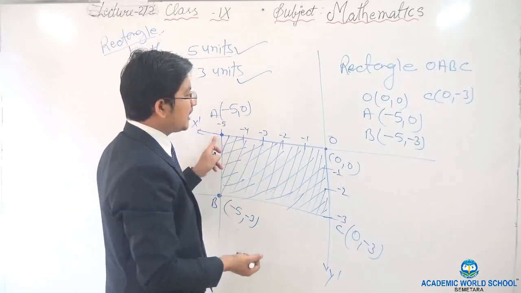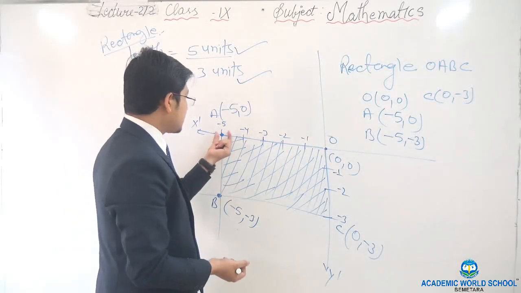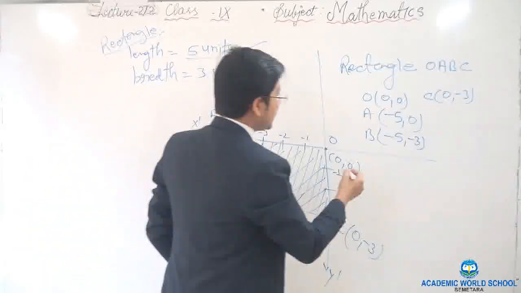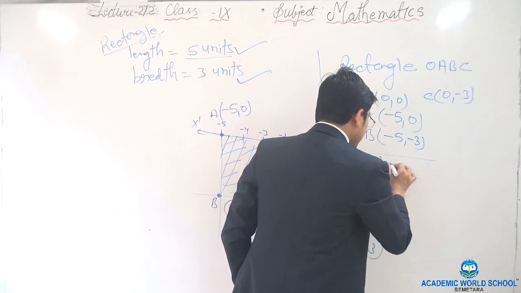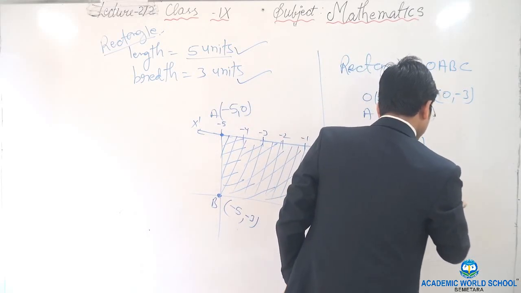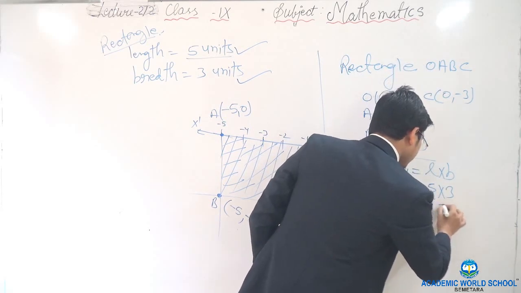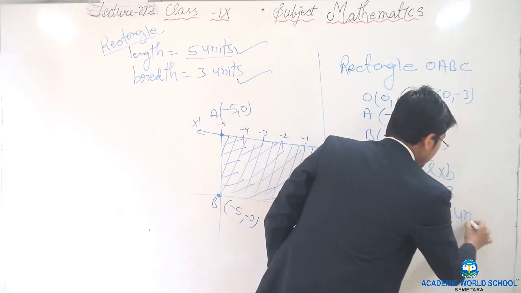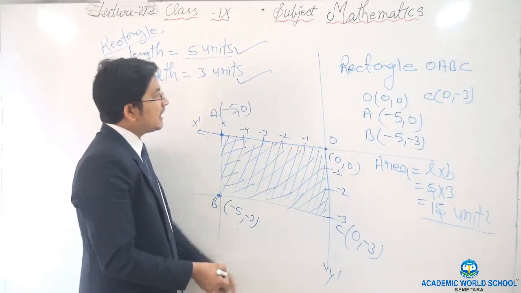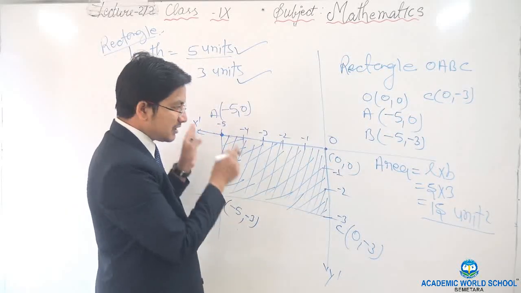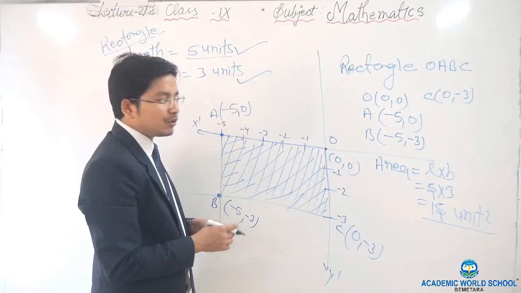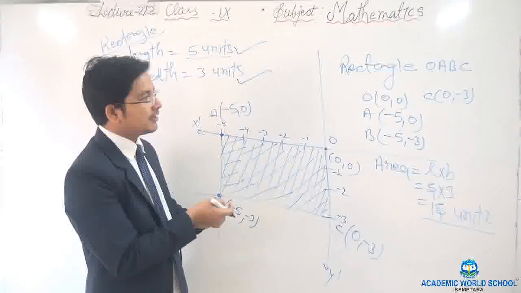Length can never be negative. So length is 5 and breadth is 3, which is already given to us. We know that the area of a rectangle is equal to length into breadth. So 5 into 3 is equal to 15 square units. So this will be the area of the rectangle. We have to be aware of this kind of question.